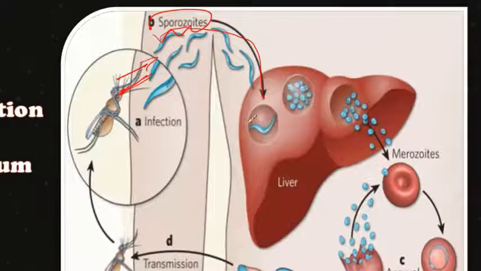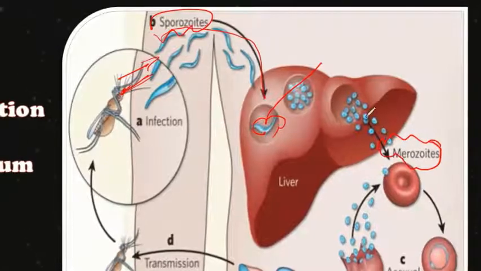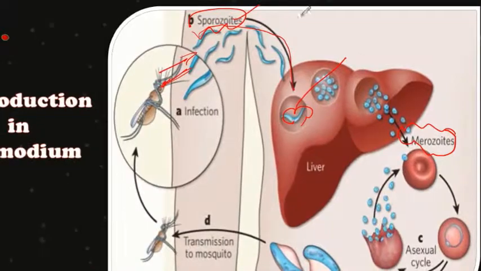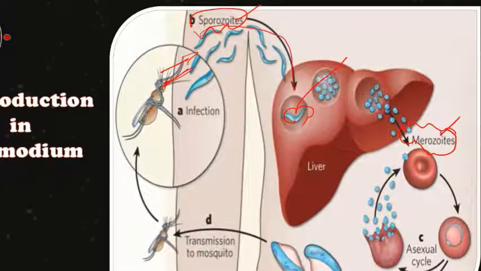Now the liver has sporozoites. They will divide and produce merozoites in the liver. So in the human liver, sporozoites will become merozoites.